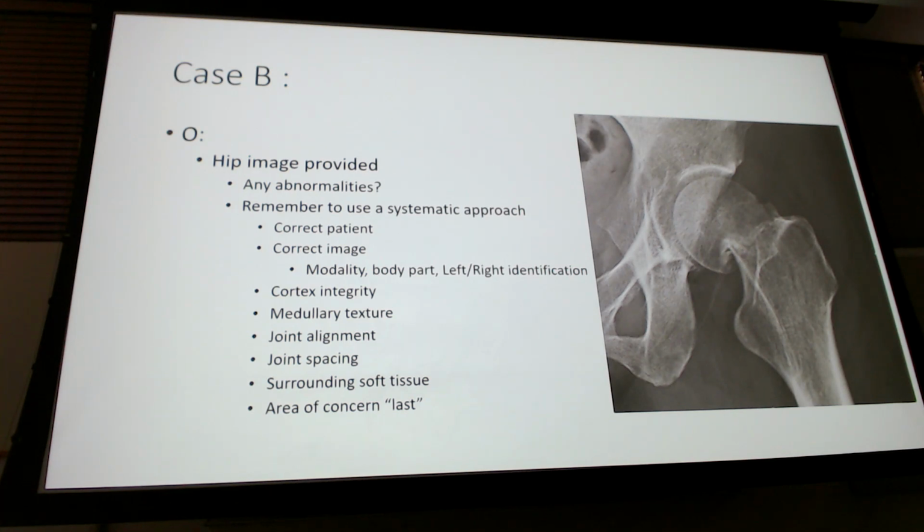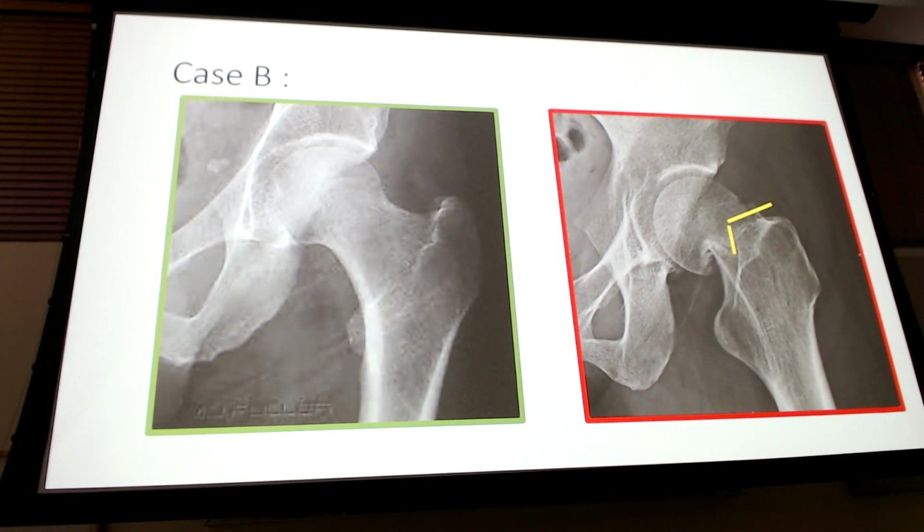Now, if you wanted to, after you fixed this, maybe order a DEXA just to give yourself a little happy zone that it's not osteoporotic, you could. As you get better at looking at these things, you will be able to tell just by looking at the density of these bones that this is not osteoporosis.